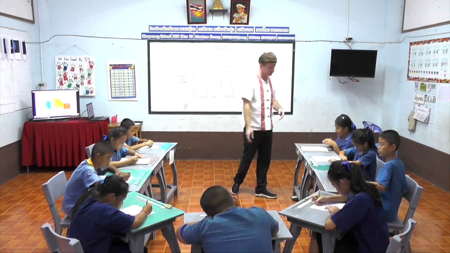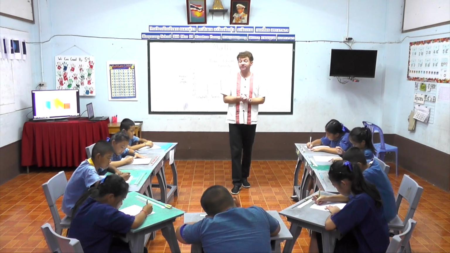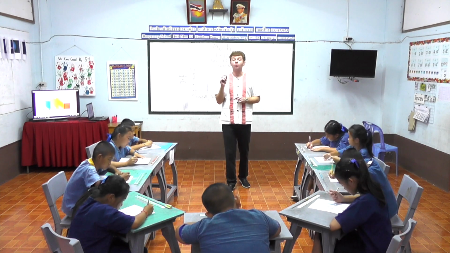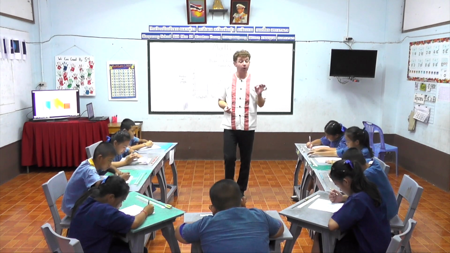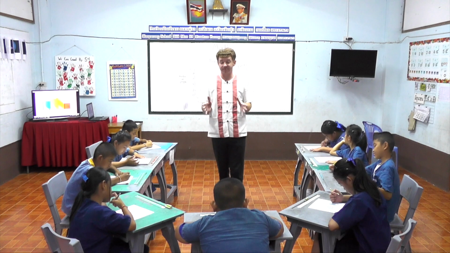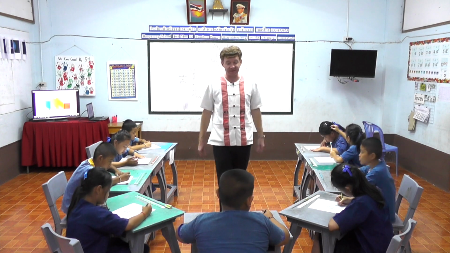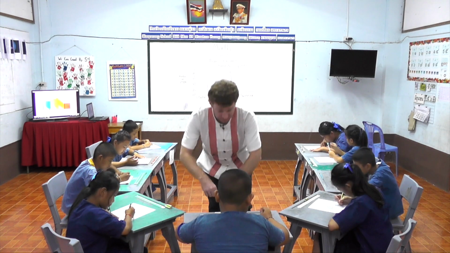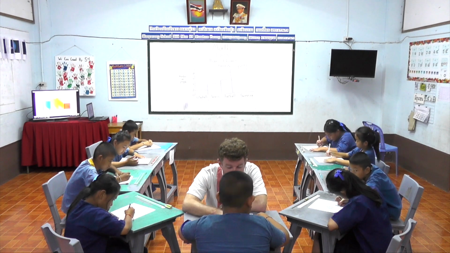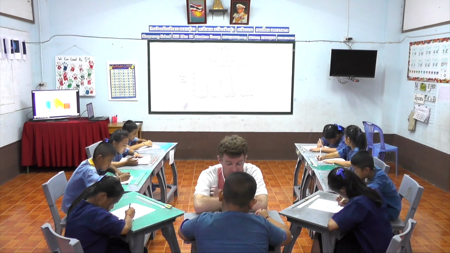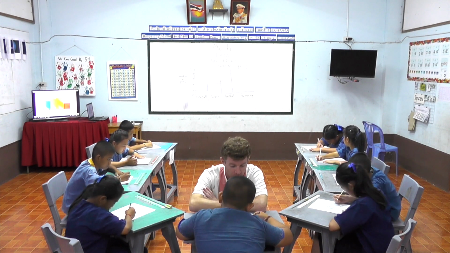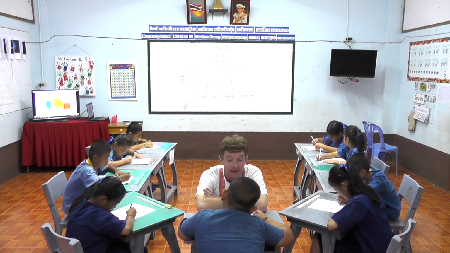So have a look, guys. First of all, important, put your name on top. Then read the questions and try to answer the questions in relation to the data. For example, Net, question 1. How many cars were sold? So which bar is cars? Excellent.